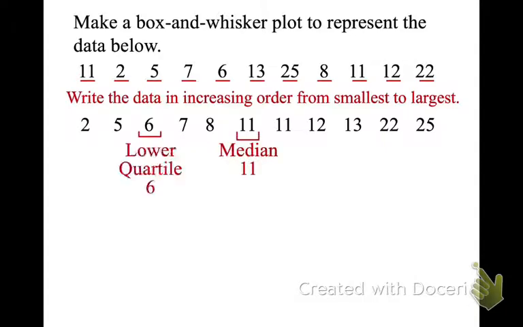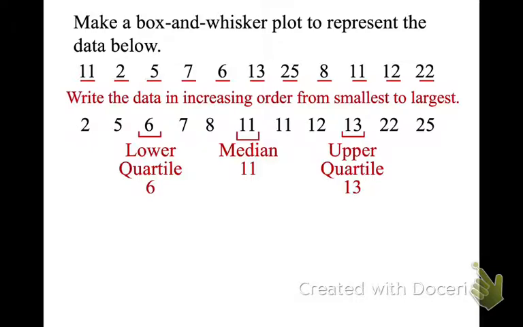The median is 11. I looked for my middle number between the lower data. So that would be 6. That's my lower quartile. My upper quartile is the median for the upper data. And our minimum is 2 and our maximum is 25.